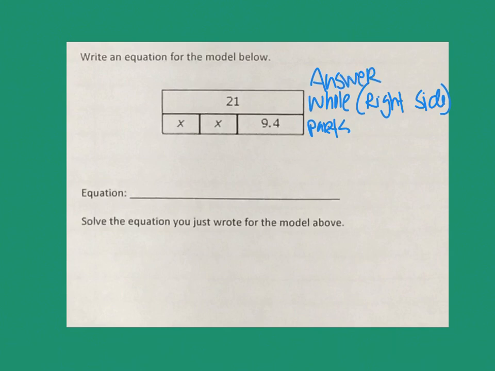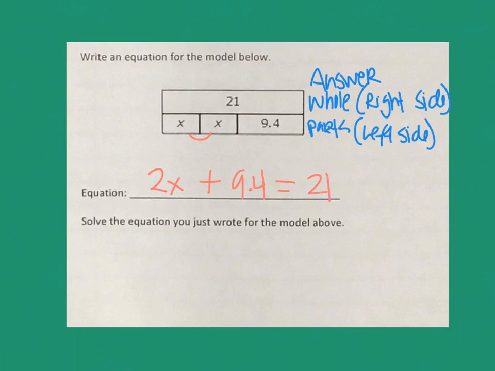And then the bottom row would be your left side of the equation. So I have 2 x's, and I'm adding, this says positive 9.4, and the whole thing, the length of the entire strip is valued at 21.